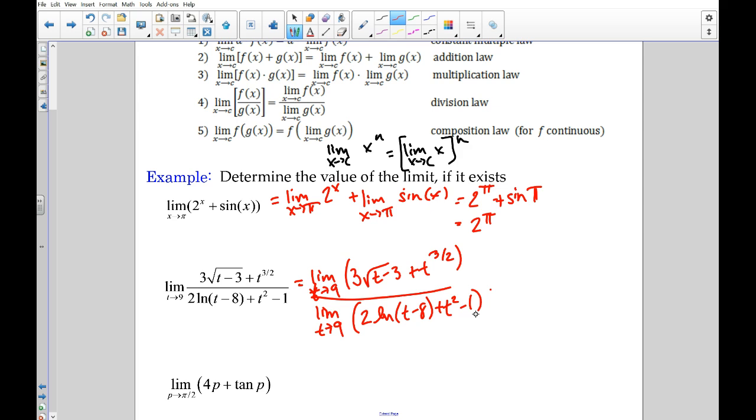And then I can break it up further using the sum rule.